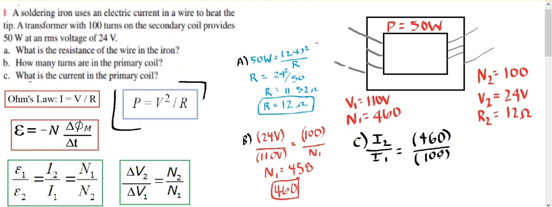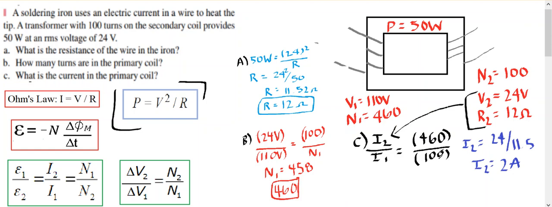However, using Ohm's law, it is possible to solve for the current in the secondary coil because we have both the voltage and resistance for it. We plug that into Ohm's law, V over R. We get that the current in the secondary coil is 2 amps, so we will plug that into our ratio and solve for I1. And we get that the current in the primary coil is 0.43 amps.